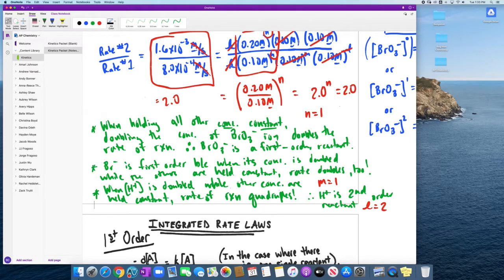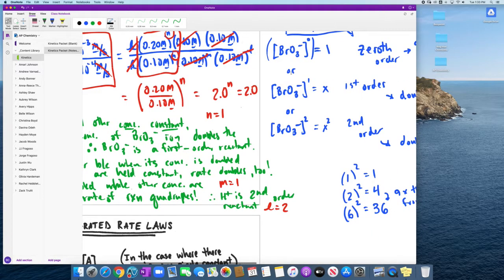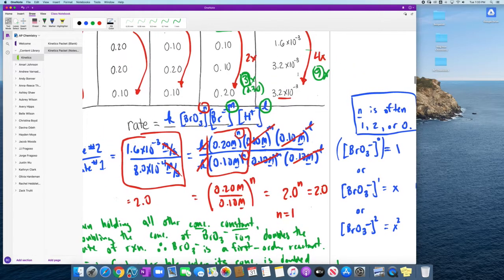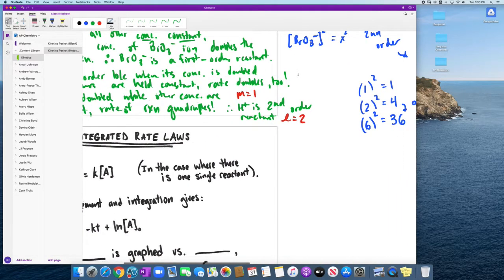But the rate law then, if that's what we're trying to figure out, we would just simply say, and I've run out of space, but I'll put it in a different color so it stands out: the rate of that particular reaction is proportional to bromate concentration raised to the first power, bromide ion concentration raised to the first power, and hydrogen ion concentration squared. That would be the rate law.